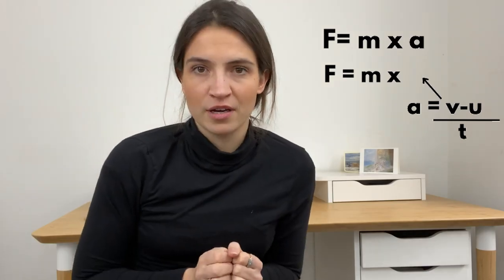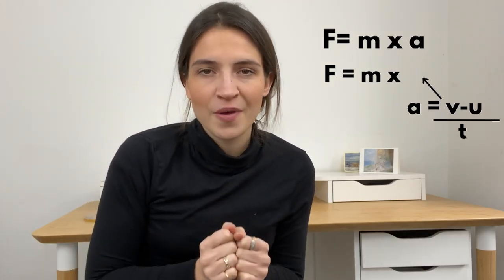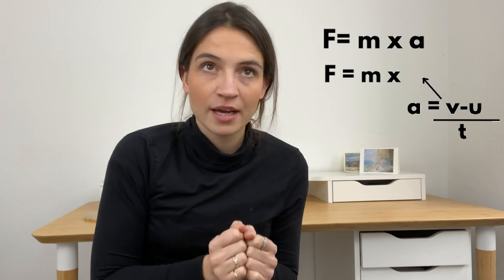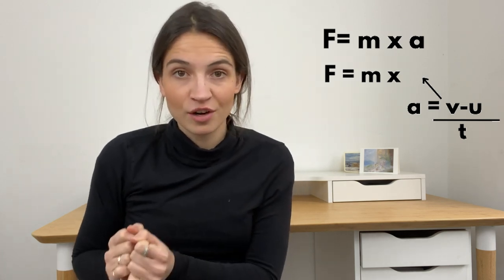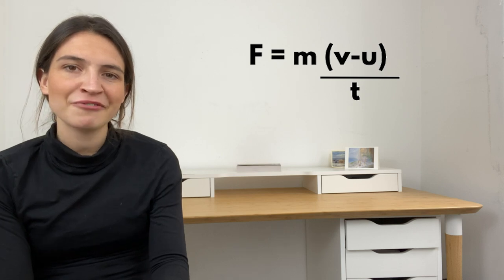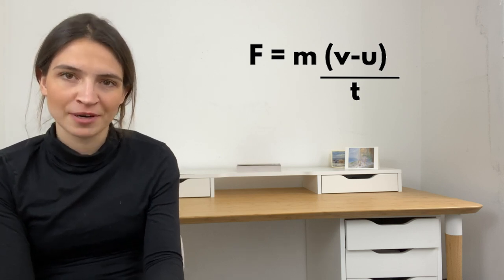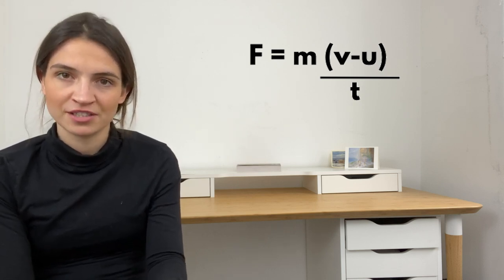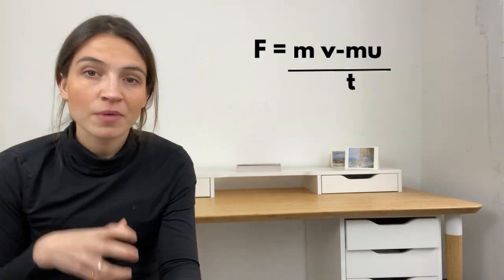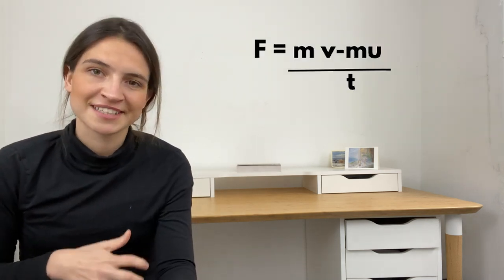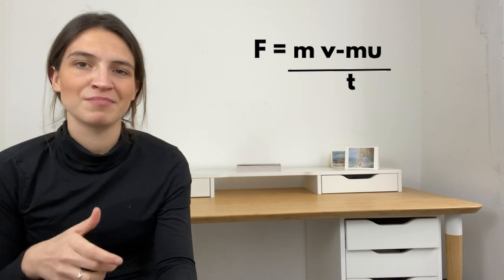So now we are going to sub that equation for acceleration into Newton's second law. So we get F equals m multiplied by (v minus u) over t. And if we multiply out the brackets, that gives us (mv minus mu) divided by t.